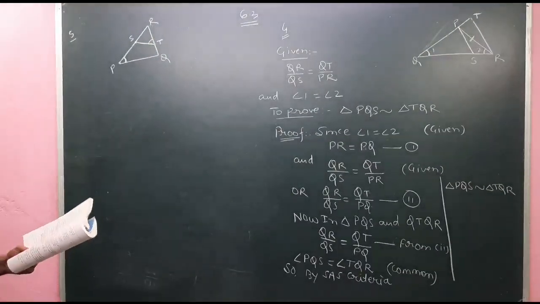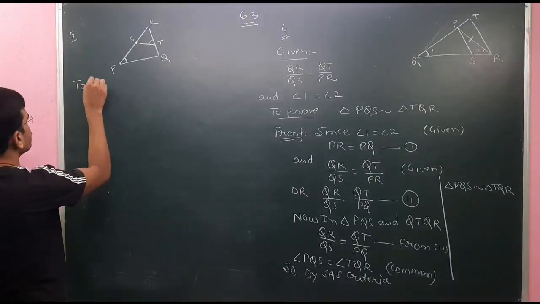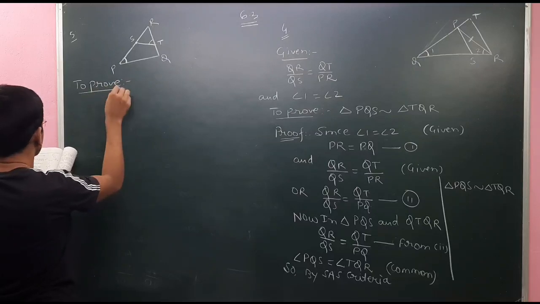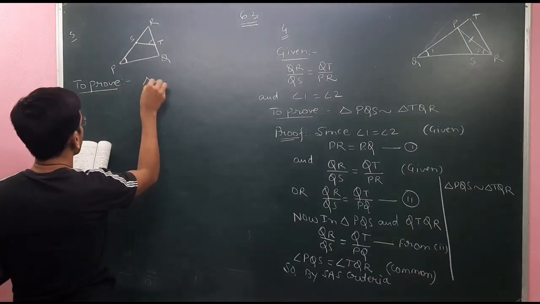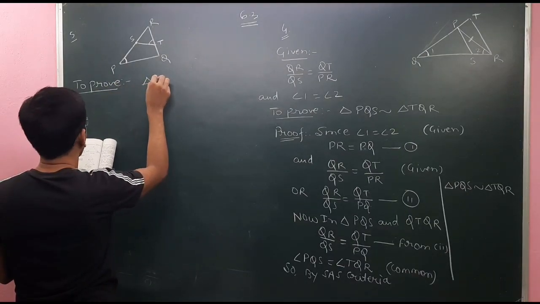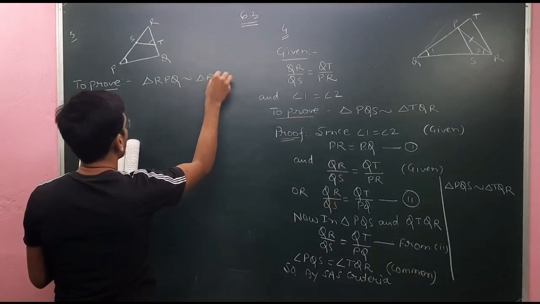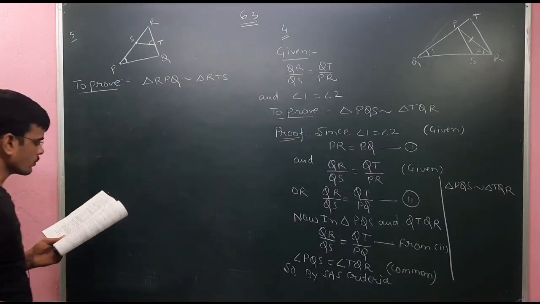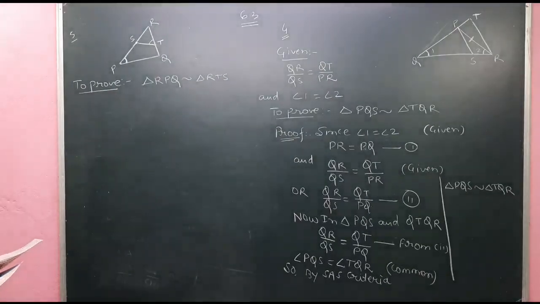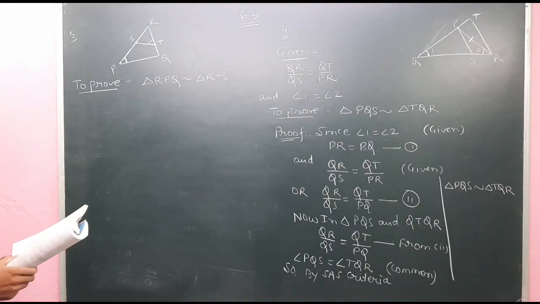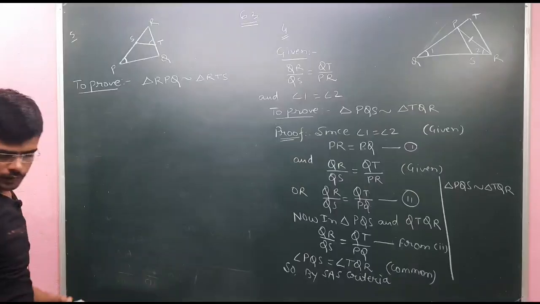So, to prove: triangle RPQ is similar to triangle RTS. We have to prove that triangle RPQ is similar to triangle RTS.